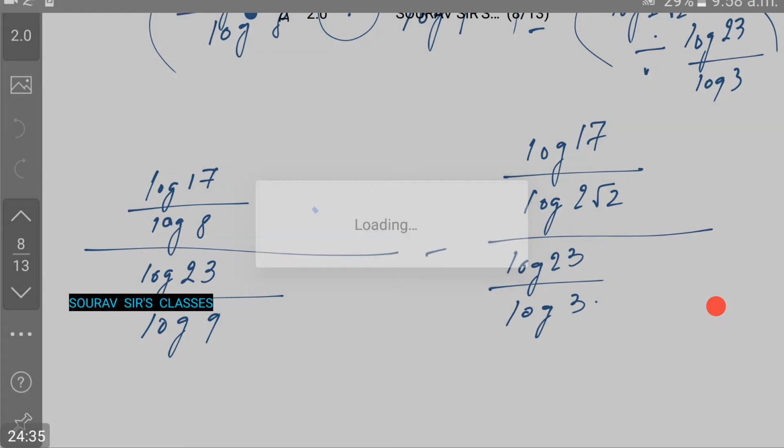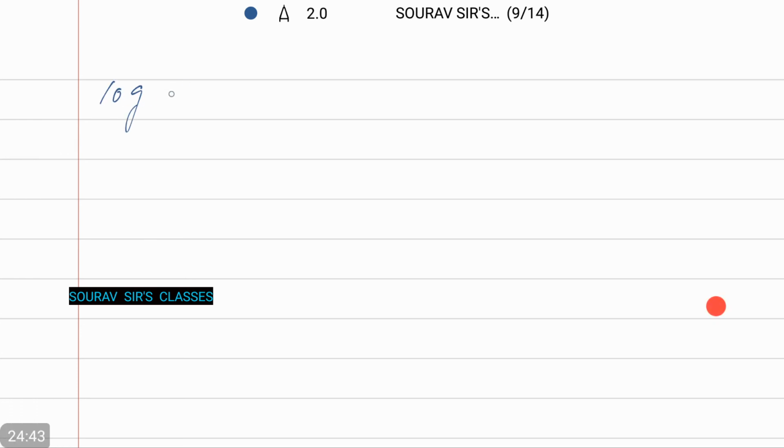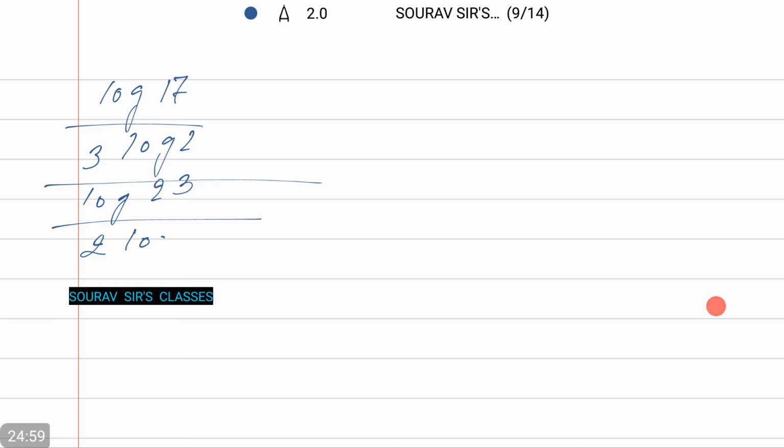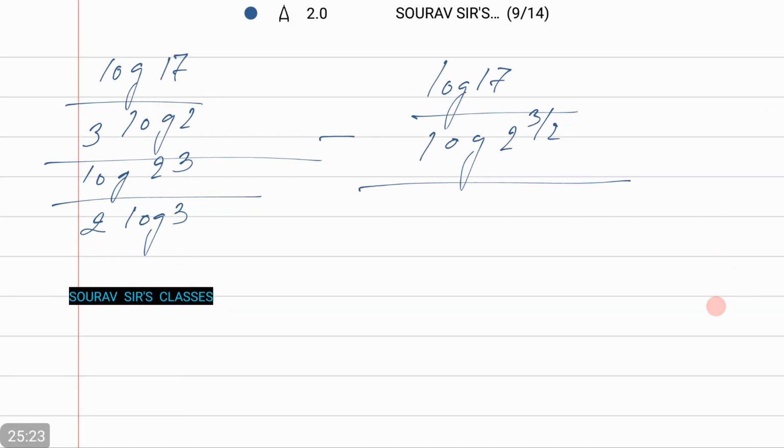We have log 17 by 3 log 2 divided by log 23 by 2 log 3, minus log 17 by log 2 to the power 3 by 2, since 2 root 2 is 2 to the power 3 by 2, by log 23 by log 3.